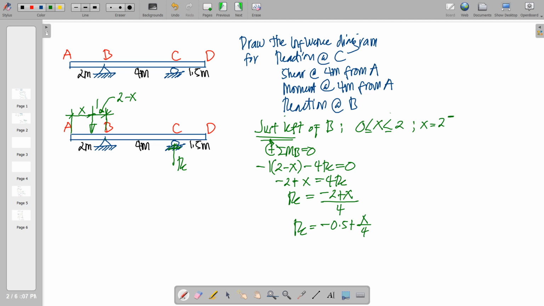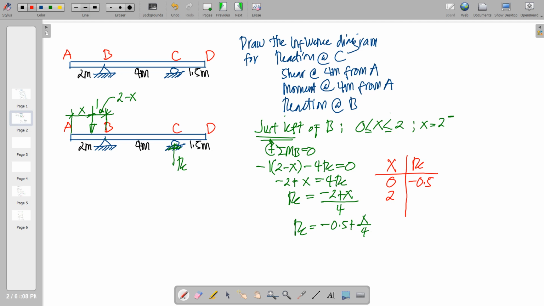Now we can tabulate and designate values for x and compute the corresponding RC. If x is equal to 0, then RC will have a value of negative 0.5. If x is equal to 2, let us substitute it in here.